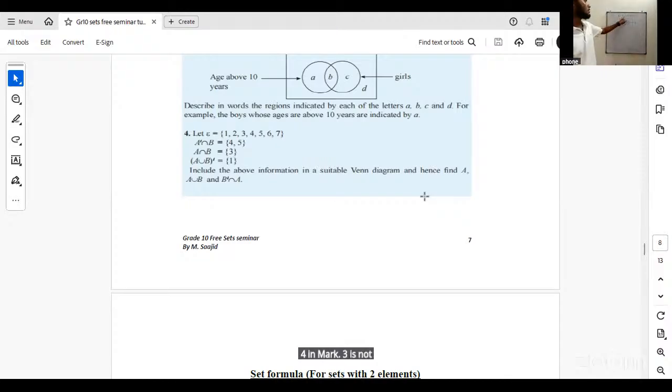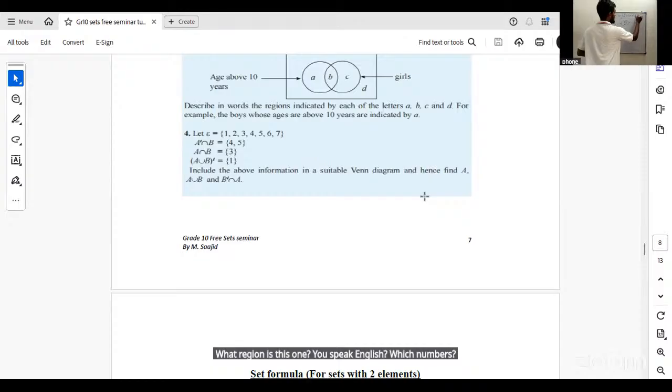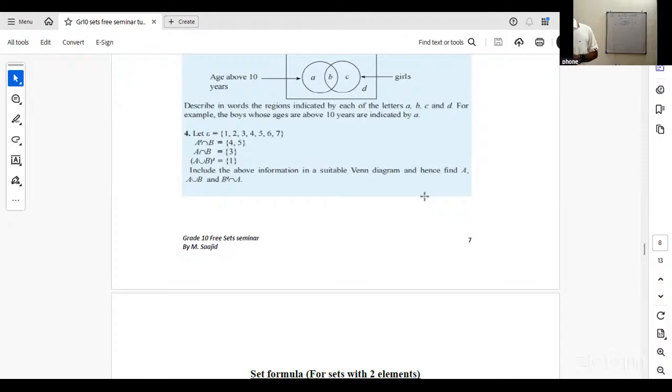We have 2, 6, and 7 remaining. So what region is this one? This region belongs to which numbers? 2, 6, and 7. Okay.